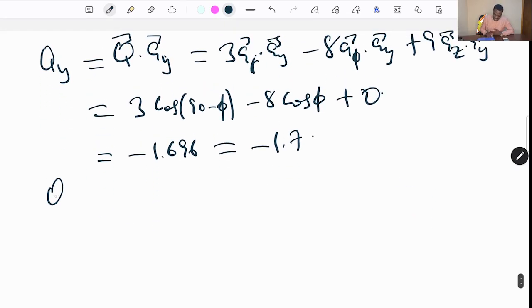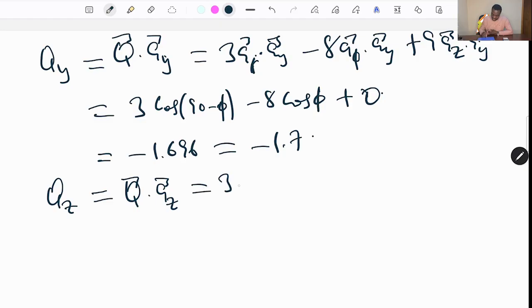Now let's get the last coordinate, which is Q_Z. Again, the same method. We take the vector, which is expressed in cylindrical coordinates, dot the unit vector along the z-axis.